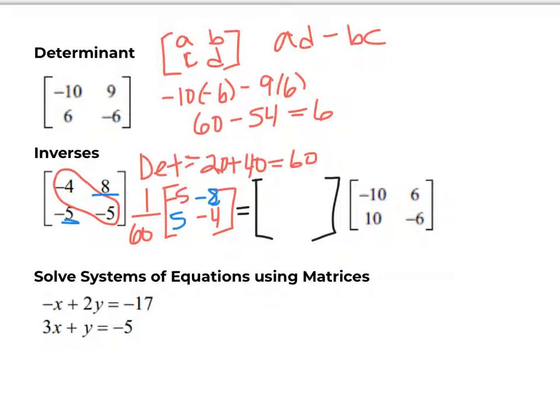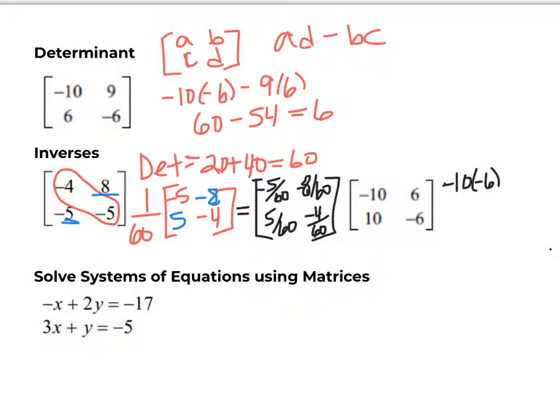So here that would be negative 5 over 60, negative 8 over 60, 5 over 60, and negative 4 over 60. And usually I'd want you to reduce those, but we're in the end of year slightly lazy mode right now. So we're gonna go with it.